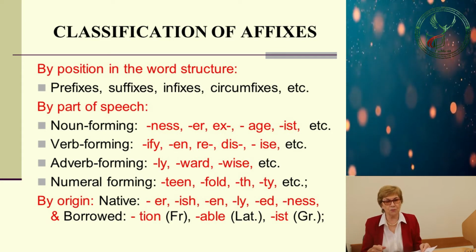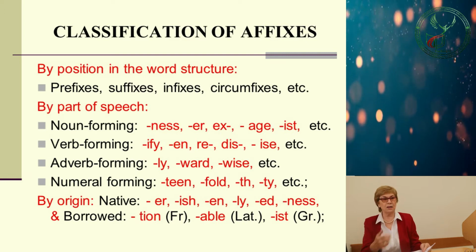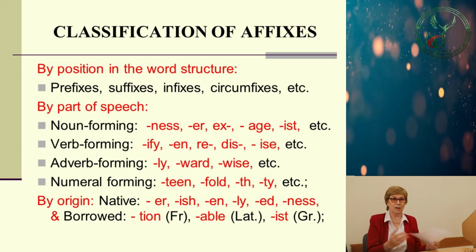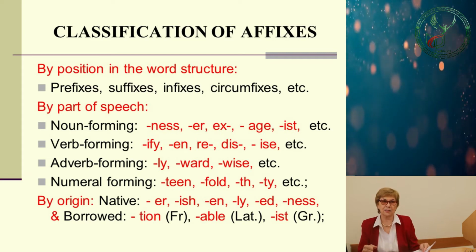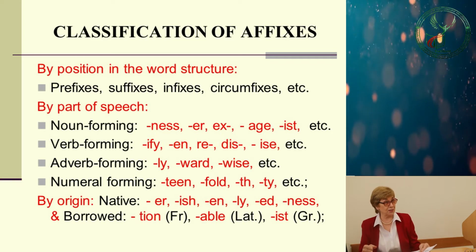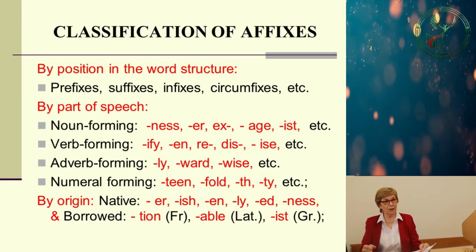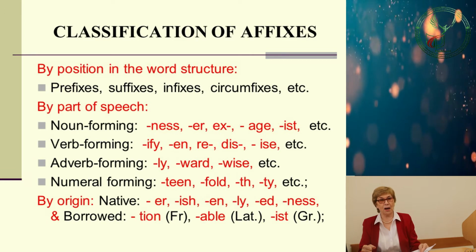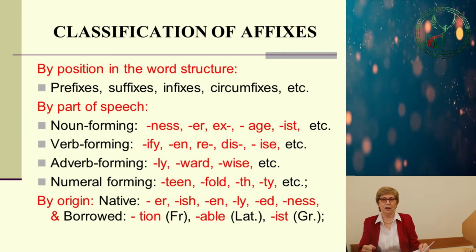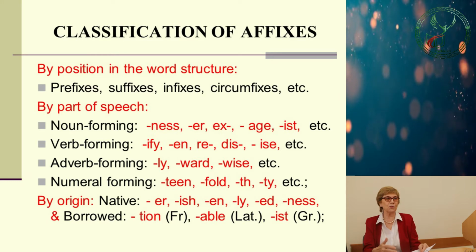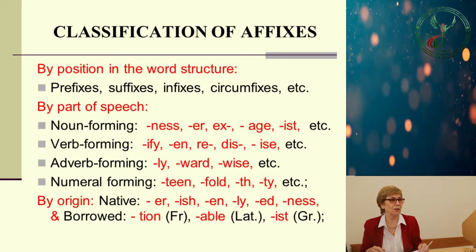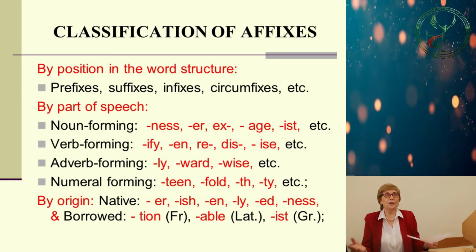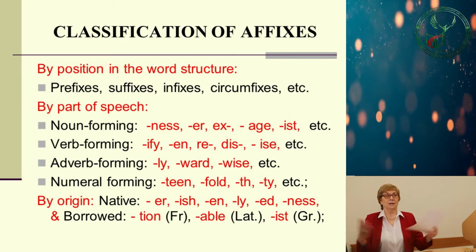Native are Anglo-Saxon affixes. As you know, before the Angles and Saxons came to the British Isles in the 5th century Anno Domini, the Isles were inhabited by Brits, by Celtic tribes, and the English language started from the 5th century. Before this, who ruled Britannia?